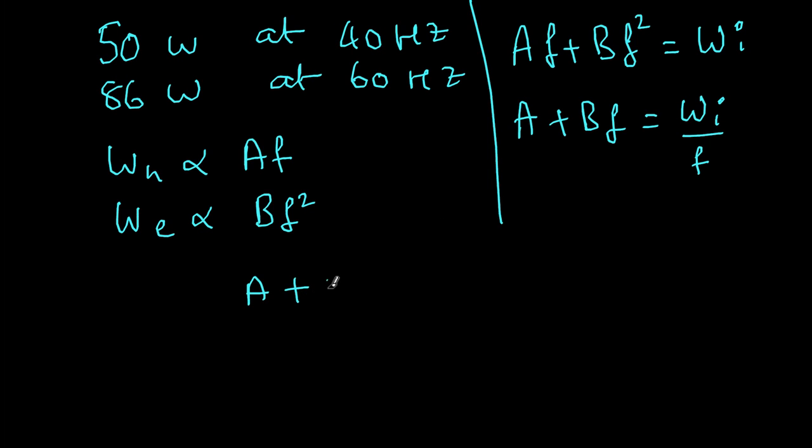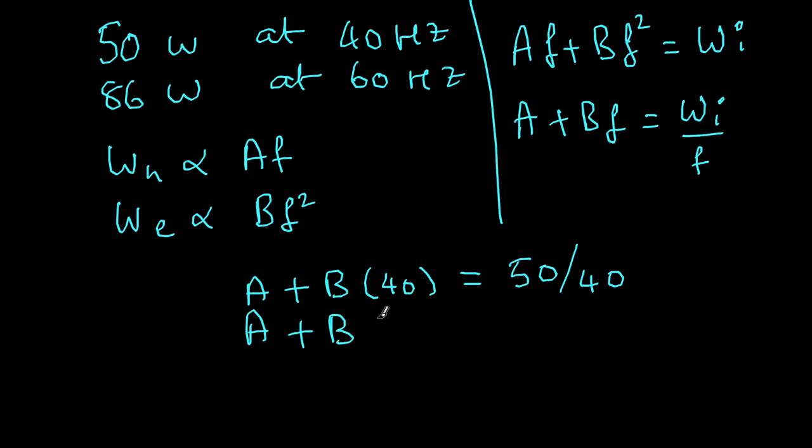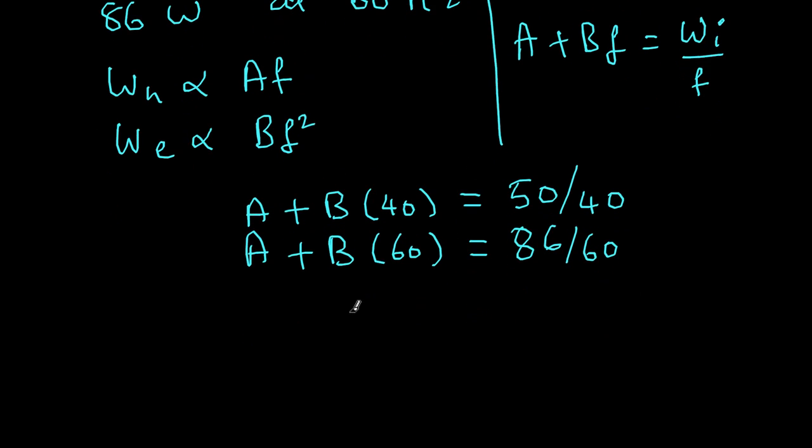So A plus B into 40 hertz is equal to 50 divided by 40. This is from the first test. Similarly, A plus B into 60 hertz is equal to 86 divided by 60. This is from the second test. From these two equations, I can solve and find the values of A and B.